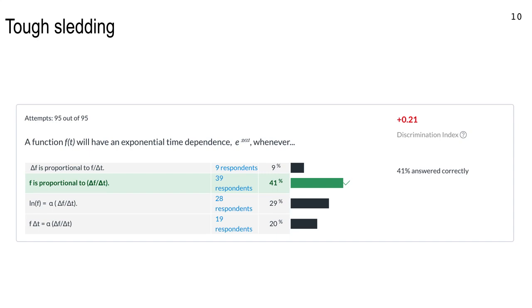And you can get a negative discrimination index if the students that do well on the test answer incorrectly and the students that do poorly on the test answer correctly. That's like a negative correlation. But this one it's positive, but it's not very strong. And this one, the difficulty factor, the number that answered it correctly, is 41%.